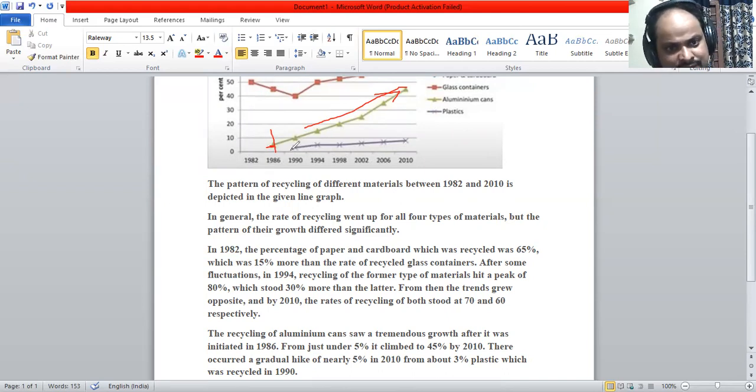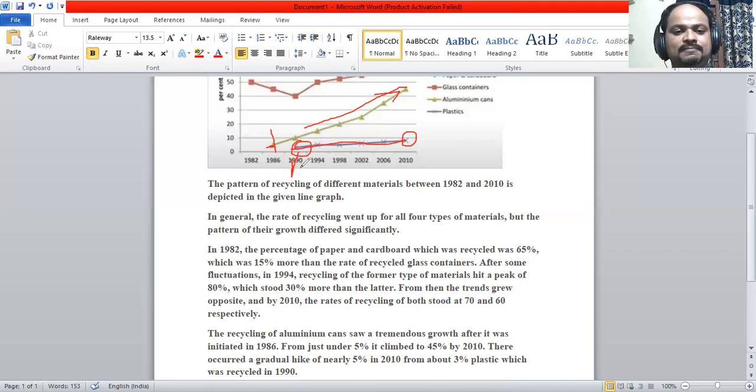Plastic required a gradual hike of 5% in 2010 from about 3% recycled in 1990.